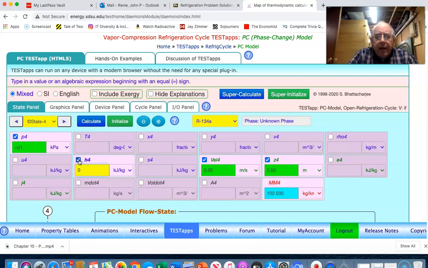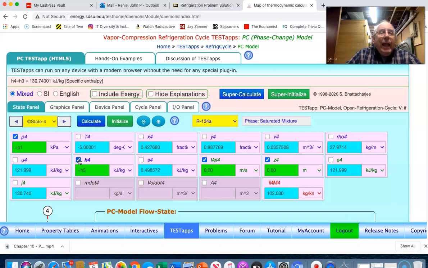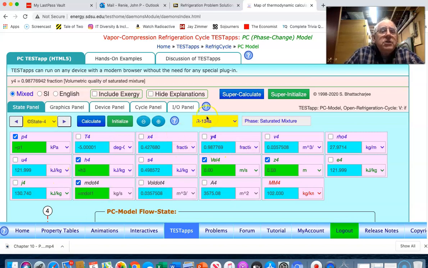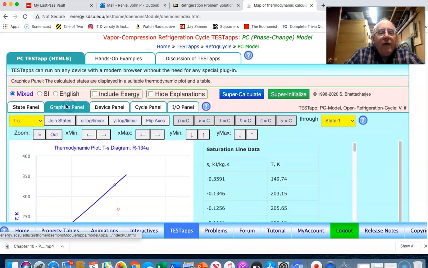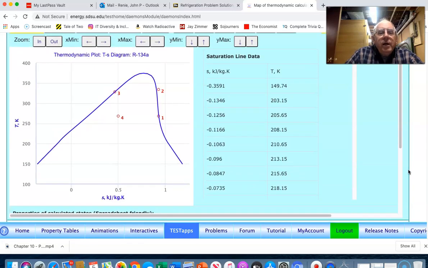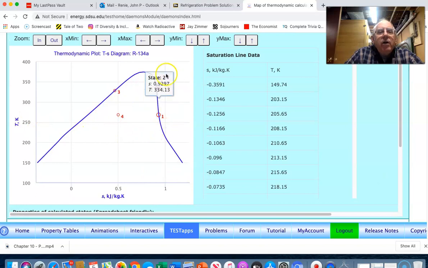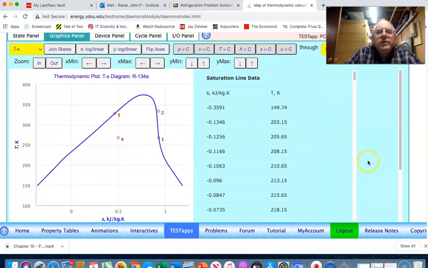What we know about state 4 is it has the same enthalpy as the saturated liquid at the exit of the condenser, and it also has m dot equal to m dot 1. So we have all of the particular state points. If we look at the graphics panel, it's showing us on the TS diagram the conditions that are necessary.